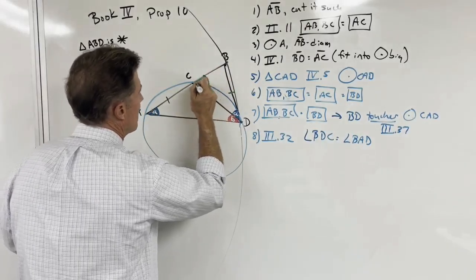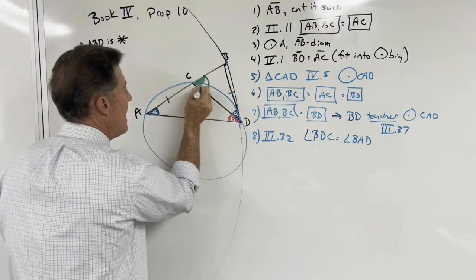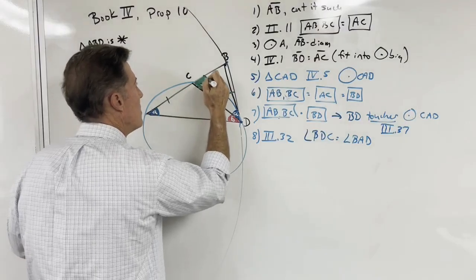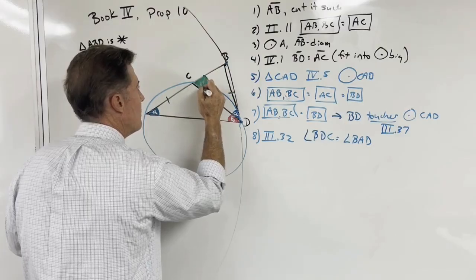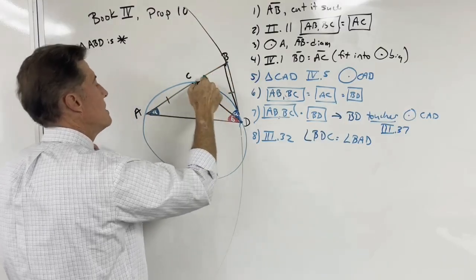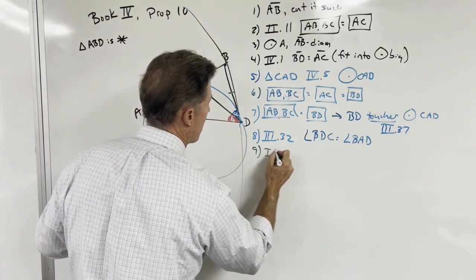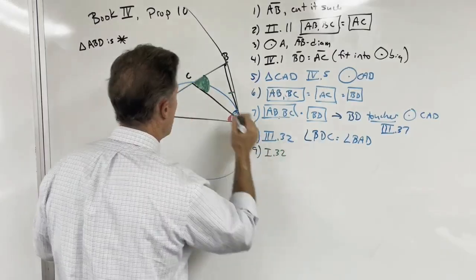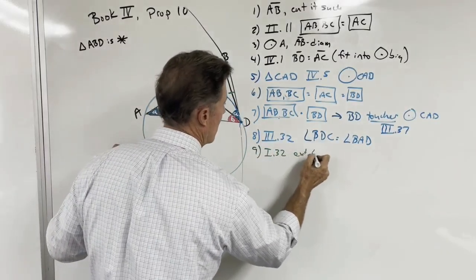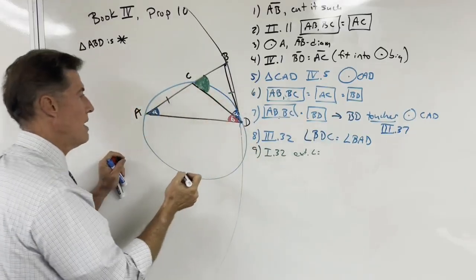This angle here, you should be able to see, is an exterior angle to this triangle. All right, we extended one of the sides, so this becomes the exterior angle. Well, book 1, prop 32 tells us that the exterior angle is equal to the two opposite interior angles.